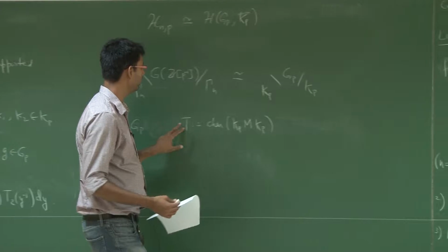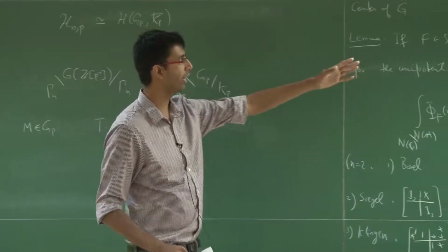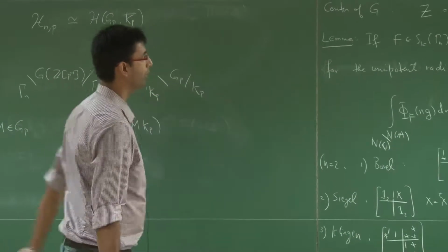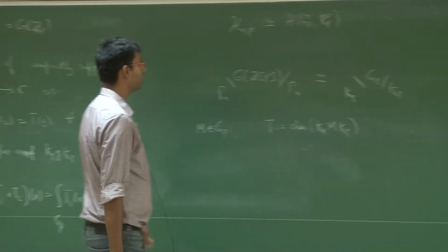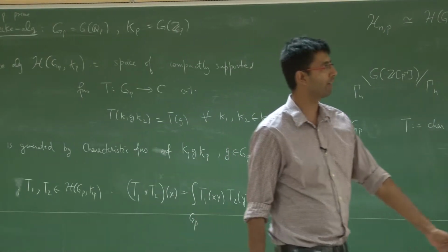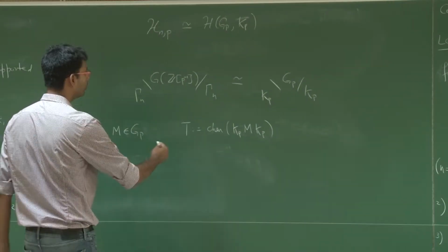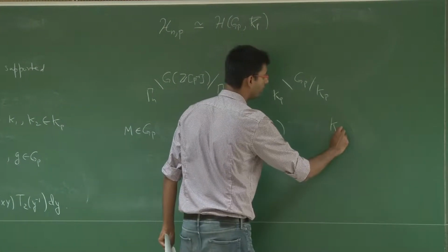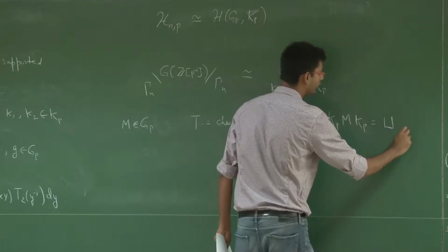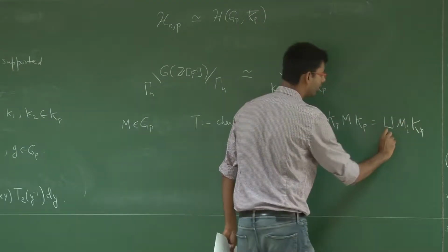Okay, and I want to define the action of T on a function phi satisfying these properties. So I'm not going to write phi sub f. I'm going to take any function phi which satisfies these properties, and the way you do it is, well, you will see already the first step is very similar. Disjoint union m_i.